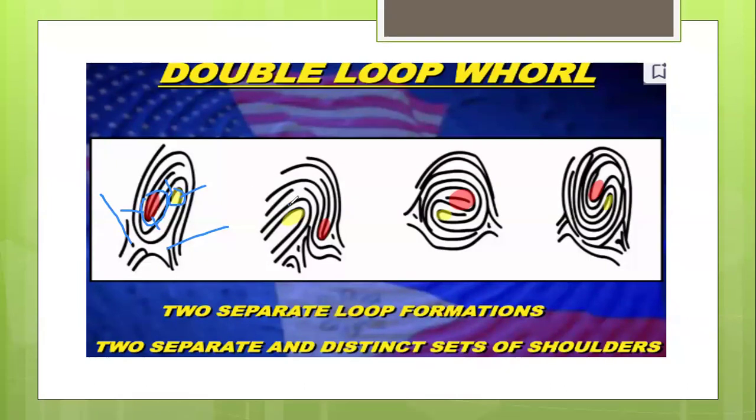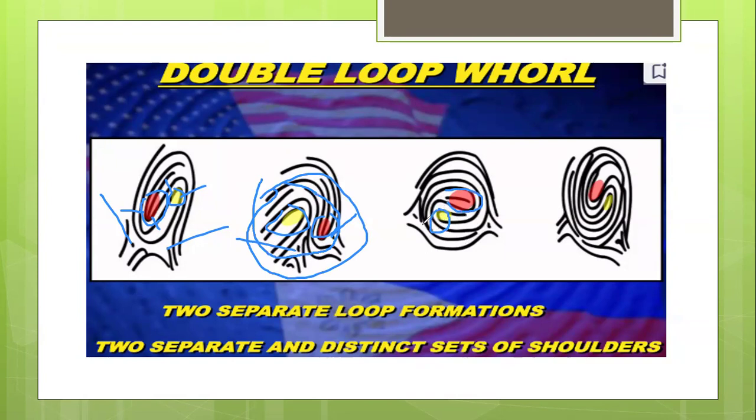Another example, this one, still, ito, yan, two separate loops, dalawang delta, nasa inside the pattern area sila. Ito, inside the pattern area po. Kaya nga, double loop. The same goes here. Two separate loops. Ito, dalawa ito.